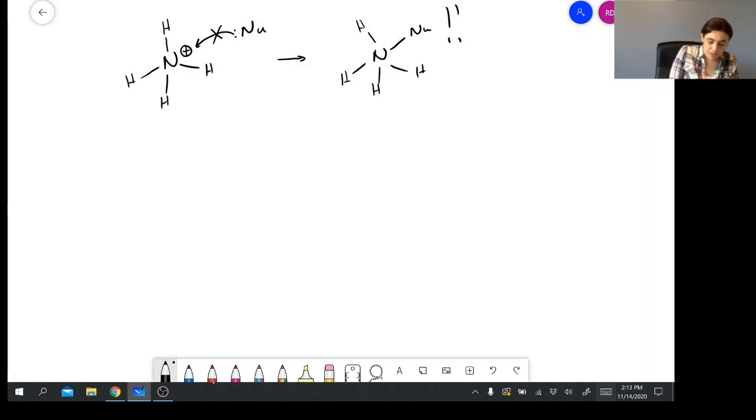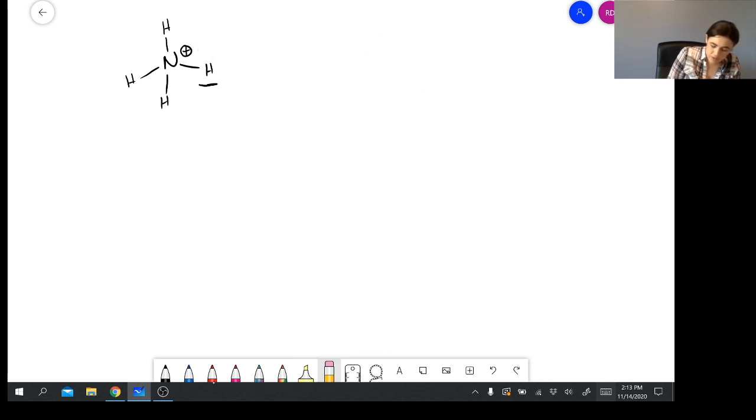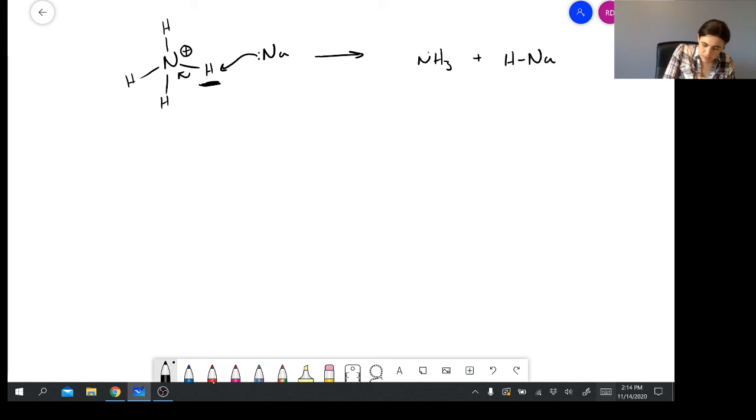Instead, remember that if you have a nucleophile with ammonium, this proton is acidic. So you could potentially, and now we make sure we conserve our positive charge.